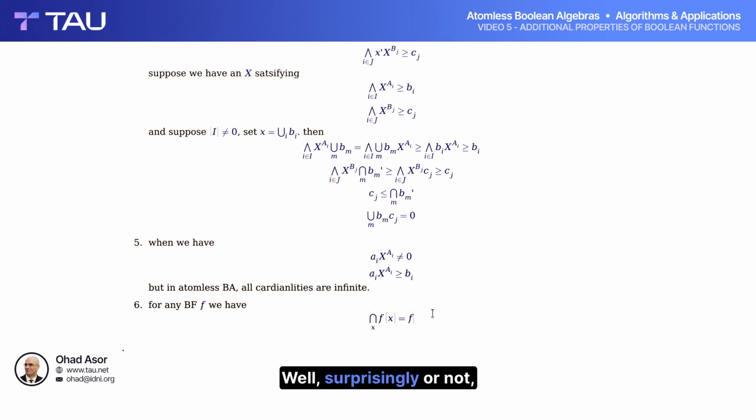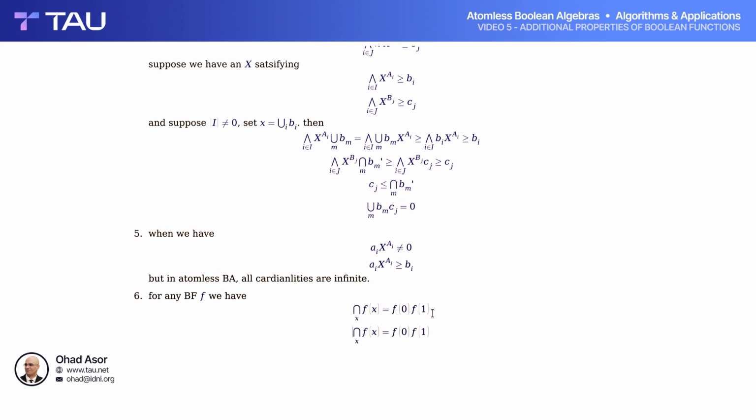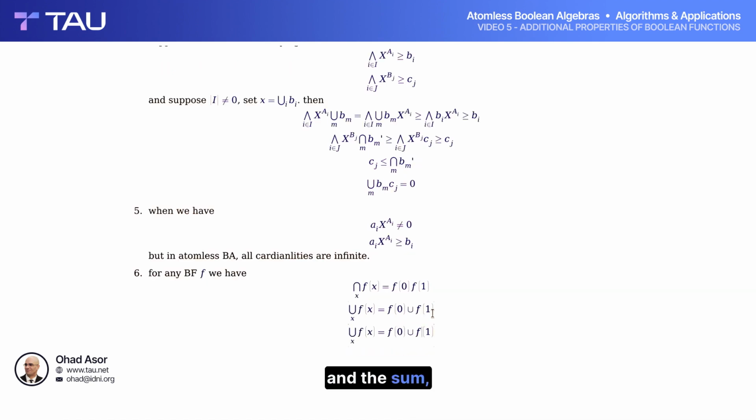Well, surprisingly or not, it equals f(0)f(1). Moreover, the union is going to be f(0) union f(1). And the sum, which is also called the Boolean derivative, will also satisfy this. Now I will demonstrate the proof only for the intersection, and the rest is exactly the same.